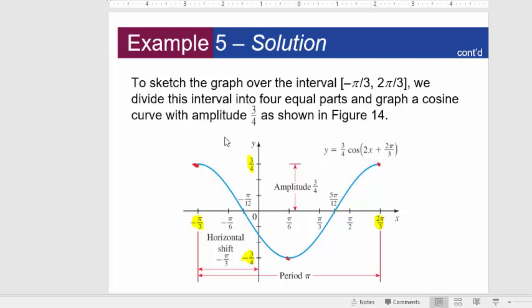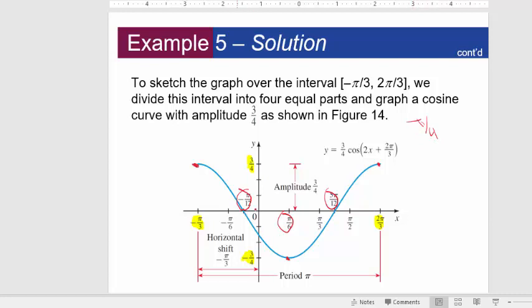Now how did they get these different quarter point values? They got them by starting at negative pi over 3, and you break up the entire period pi into quarters. So the period is pi, so you break it up into pi over 4.